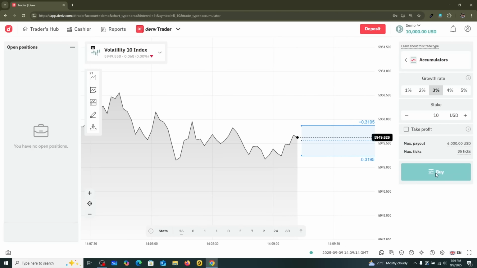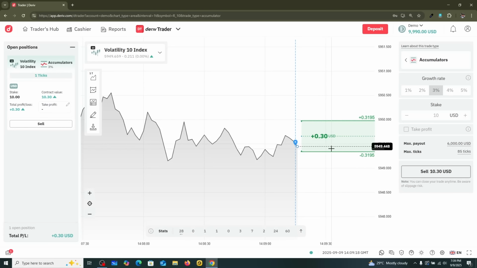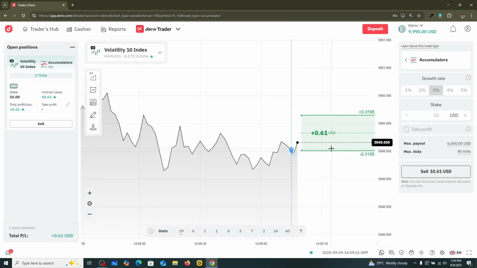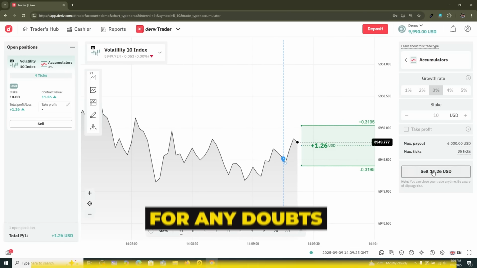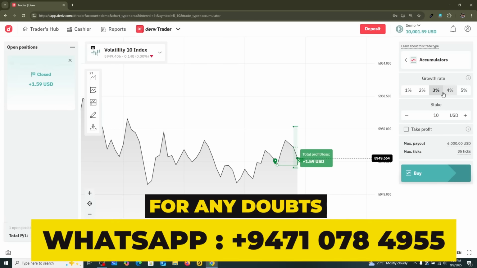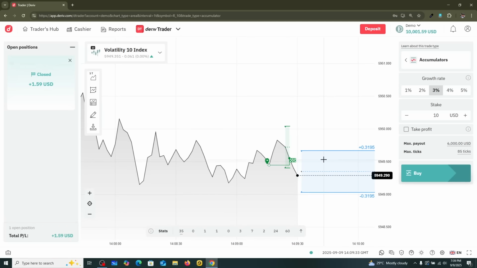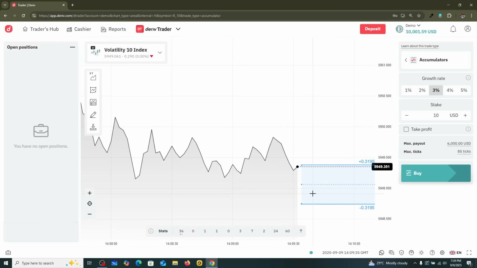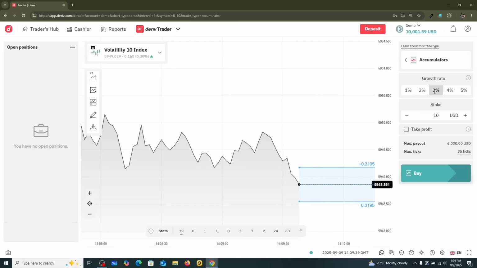Here you can see the first one is 0.03, then 0.031, so it is accumulating. We can make much more profit if we select a higher growth rate, but it is also riskier because both lines get thinner. So let's take the middle one, 3%.